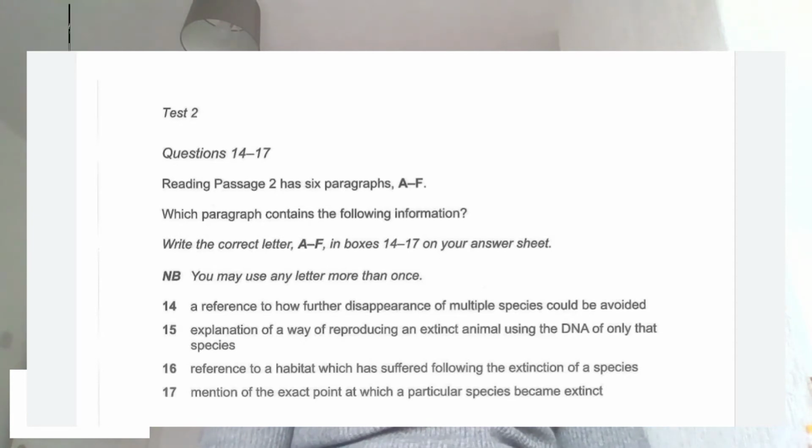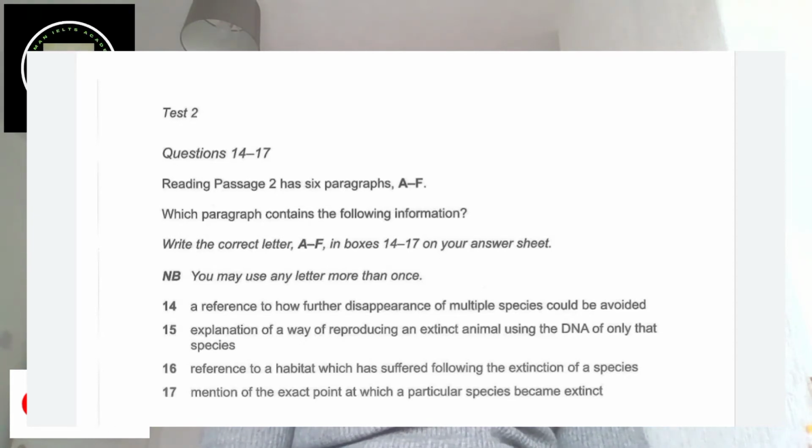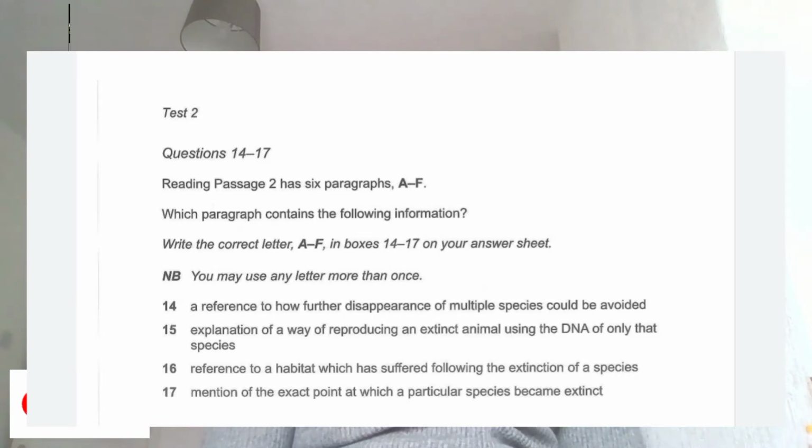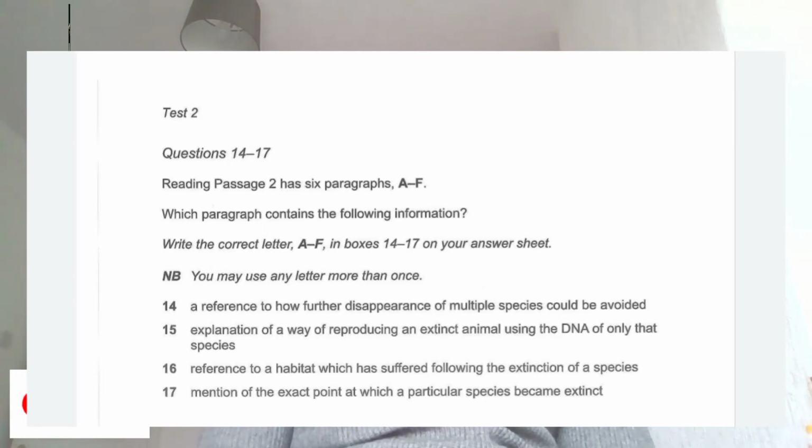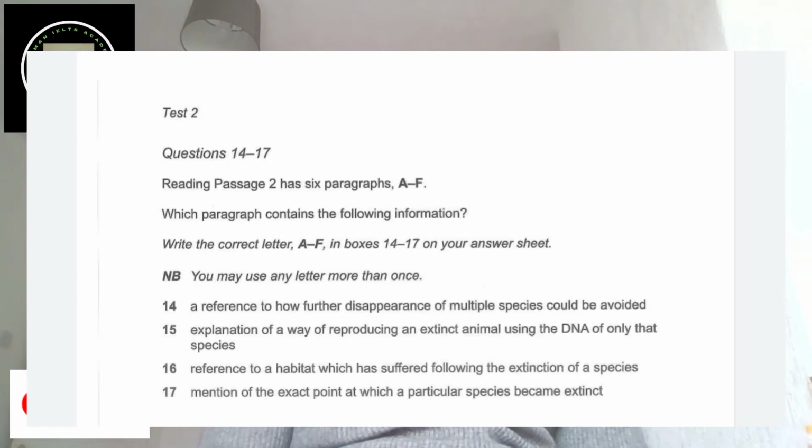Now, next one. Explanation of a way of reproducing an extinct animal using the DNA of only that species.